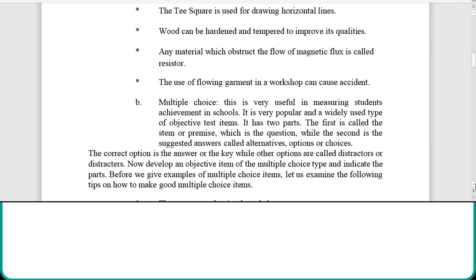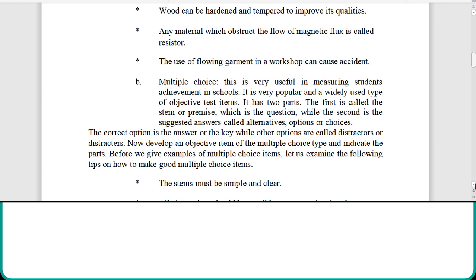Yes or no. Any material which obstructs the flow of magnetic flux is called resistor. Yes or no. The use of flowing garments in a workshop can cause accidents. You can agree or disagree according to your information.